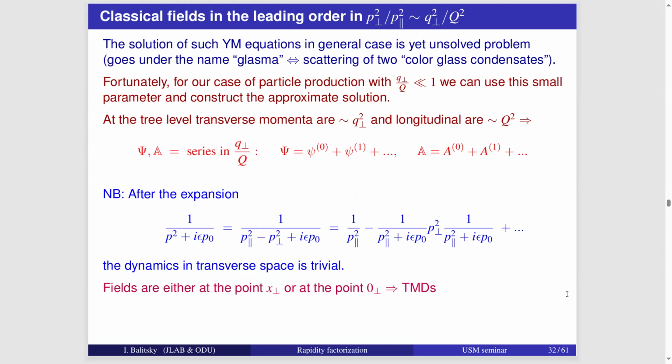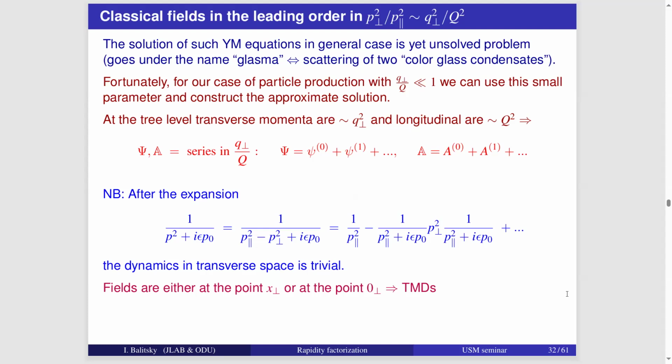There were many attempts to calculate it analytically, but it's not yet solved. Some people solve this numerically, and numerically you can have a look at this classical field. It goes in the papers of these people under the name glasma, which was coined by Larry McLerran.